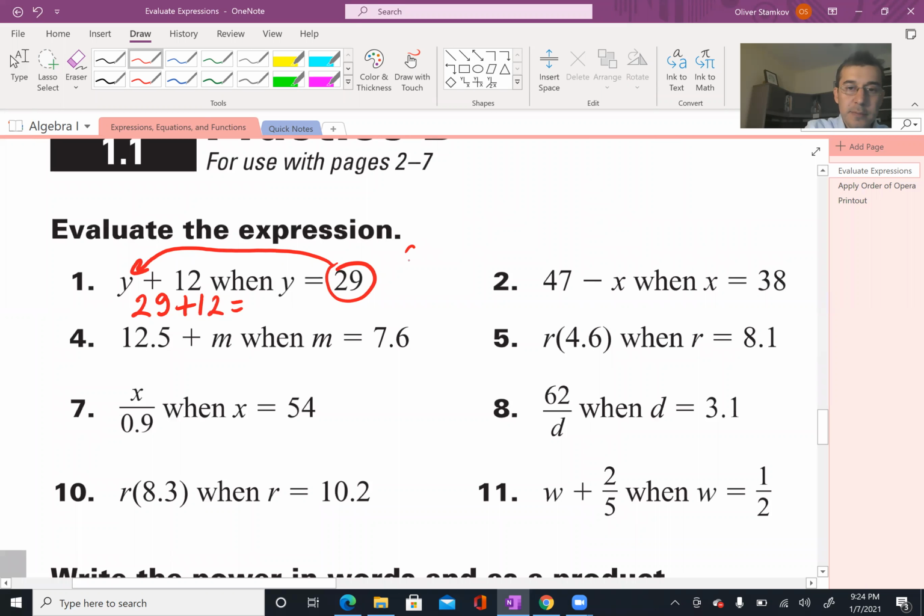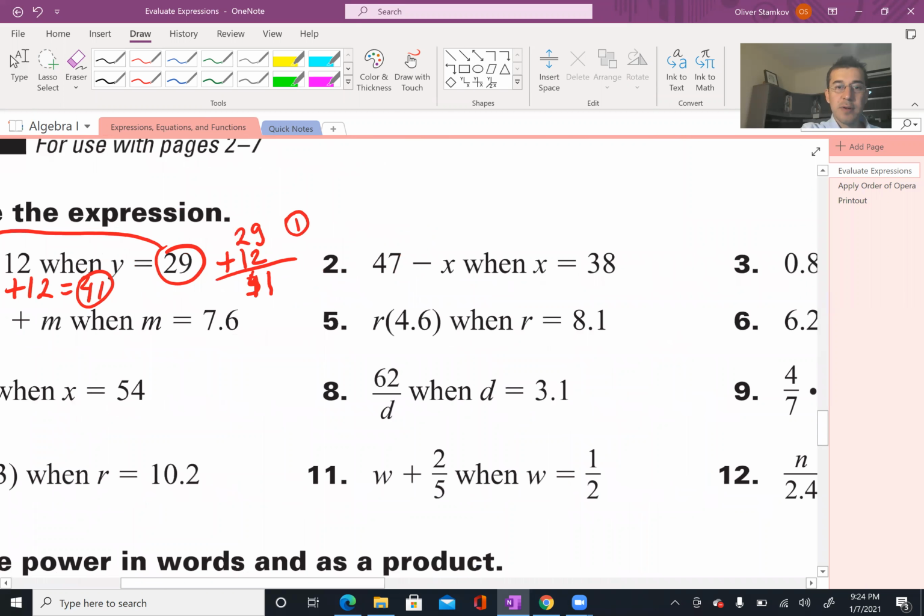Which is, we can do it on the side here, 29 plus 12, and then 9 plus 2, that's 11, so 1, and 1 we remember. 2 plus 1 is 3, and the one we remember is 41, okay? So this is 41, and that's the solution for number 1, okay?